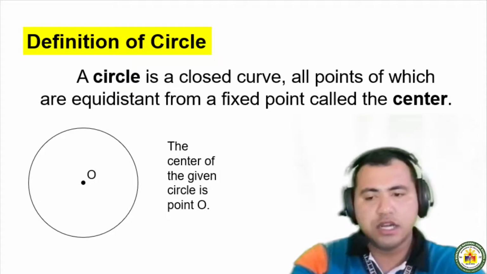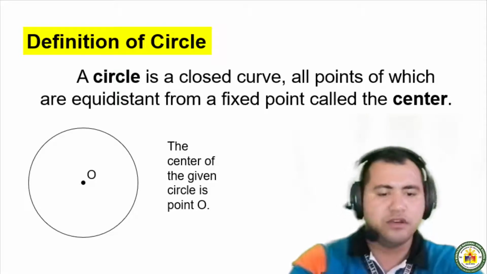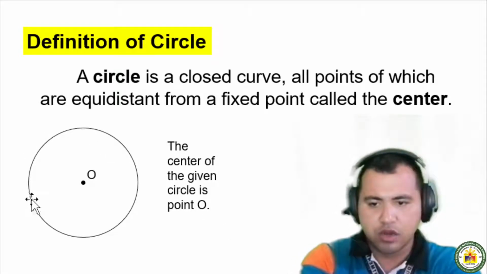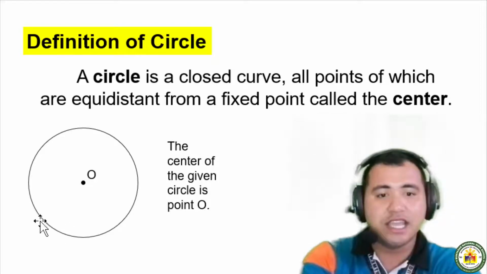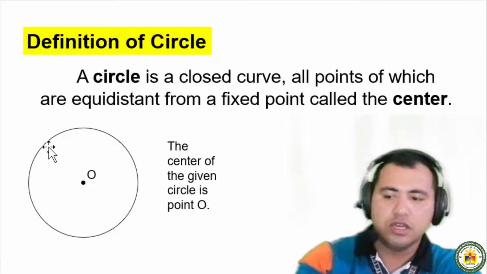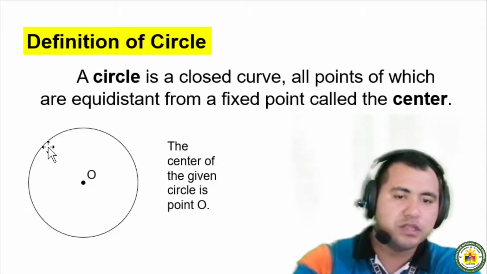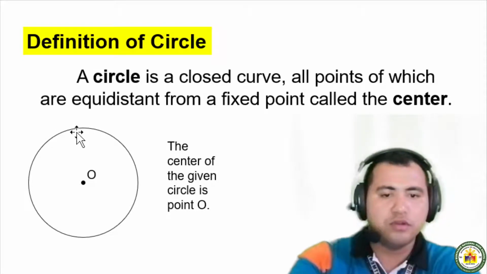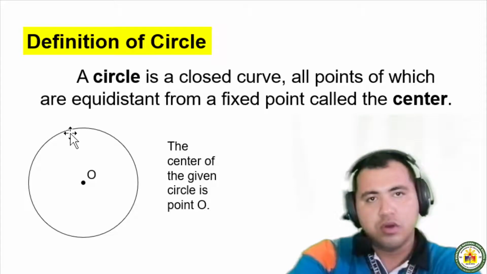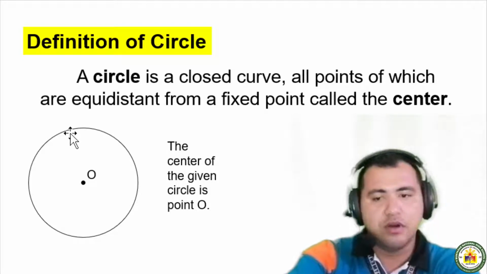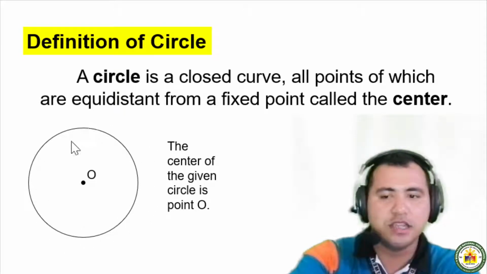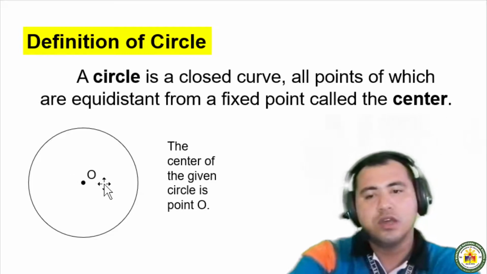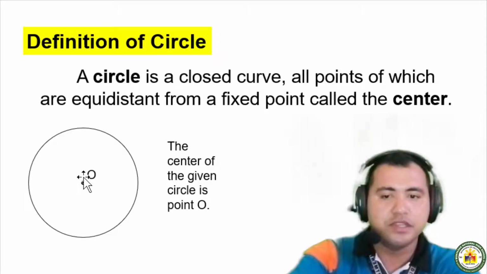Ang circle is a set of infinite points nga naglibot sa iyang curve. Naa siya daghang points just like a line. So it consists of infinite points.